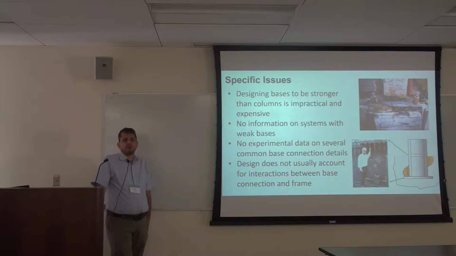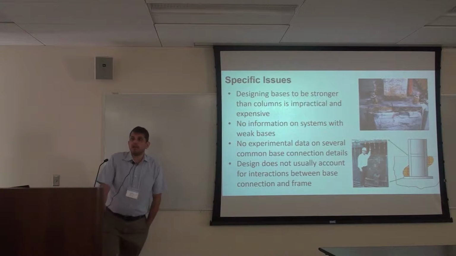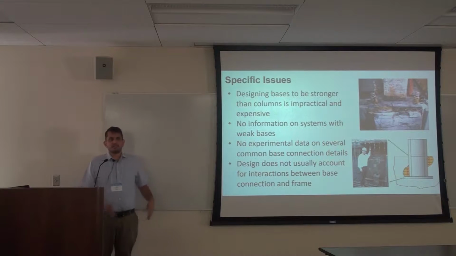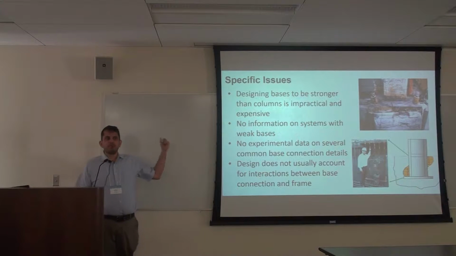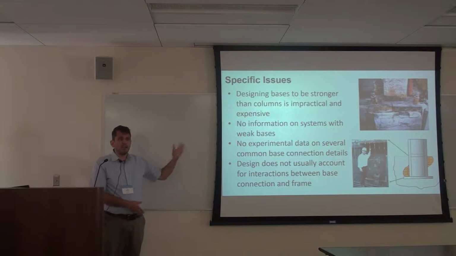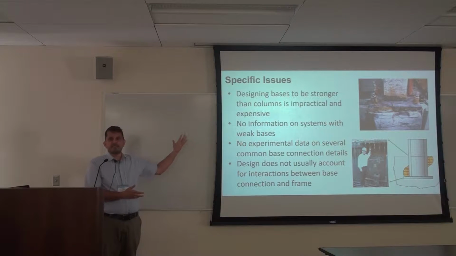For example, the common wisdom is that connections are more brittle than members, so you want to protect the connection, and you capacity design the connection to be stronger than the member. For a column-based connection, you can end up with some pretty absurd base connection designs, because if you have a large column, you want to essentially develop the flanges of the column in yielding.